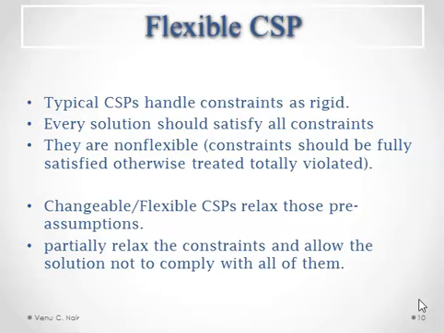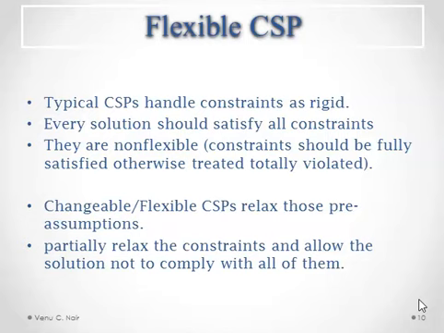That is, every solution obtained should satisfy all the constraints at the same time. If there are constraints associated with any of the states or goal, it should satisfy all the constraints. They are called normal CSPs, and we treat these constraints as rigid.